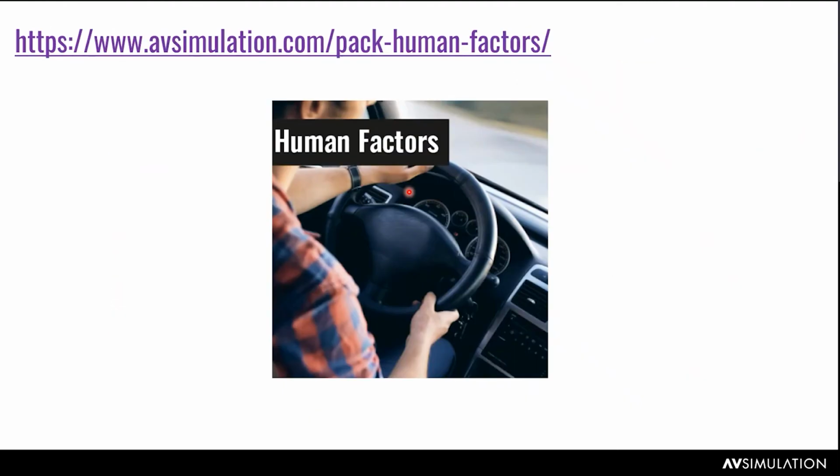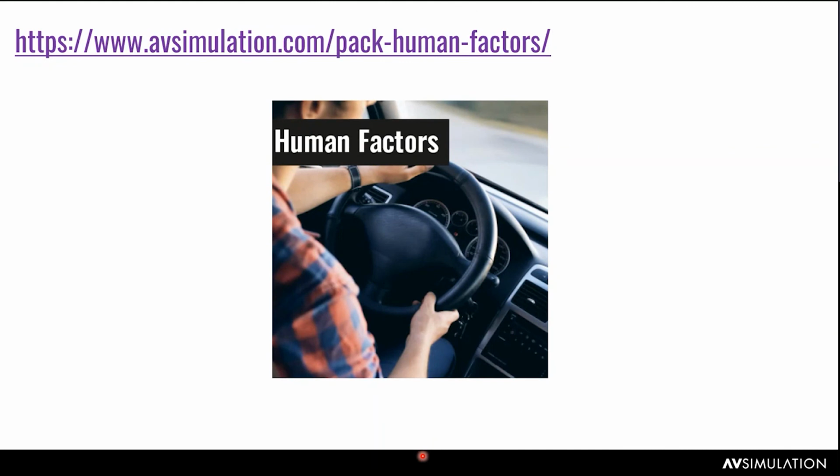So all that I showcased today is inside the human factors pack. If you already have scanner, or if you plan on getting scanner soon, you can purchase the human factors pack, which will allow you to add all the features I just showed you. So being the physio pack, which will enable you to connect the biometric sensors to scanner, but also add eye tracking functionalities to scanner as well.